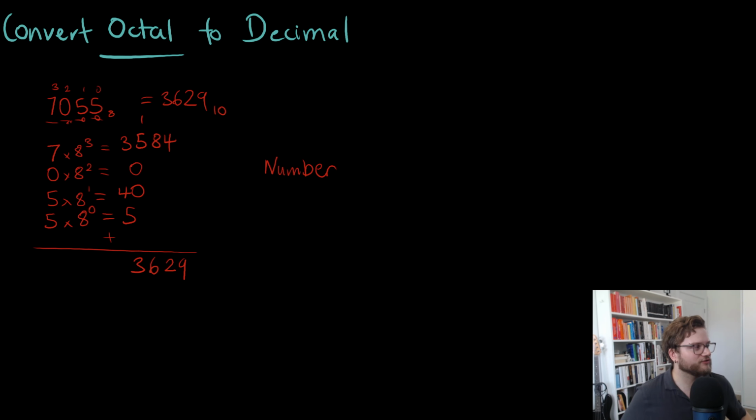So a 5 or a 5 or a 0 or a 7 times the base of the number system that it's in to the power of the place that it's in, starting at 0. And that gives you it in decimal.